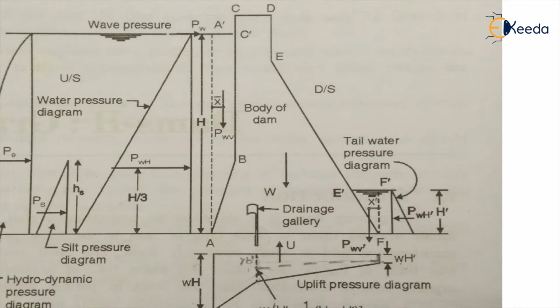I told you earlier that if the section is curved also, we have to find out this pressure by the self-weight, the own weight of the dam, not by a curved section or an inclined section.